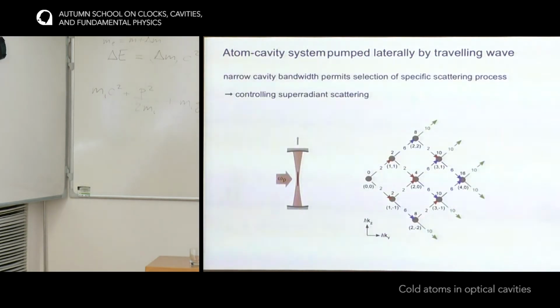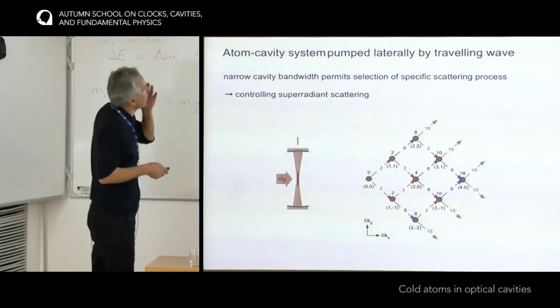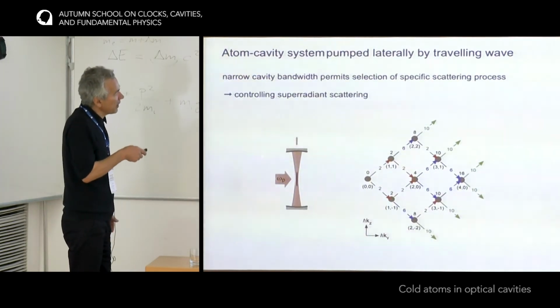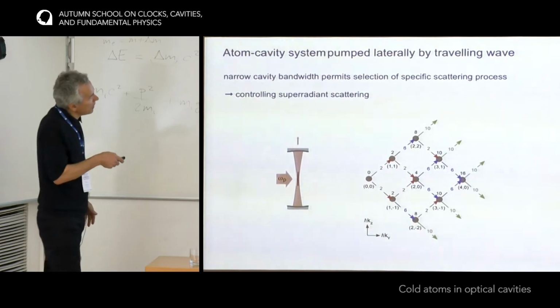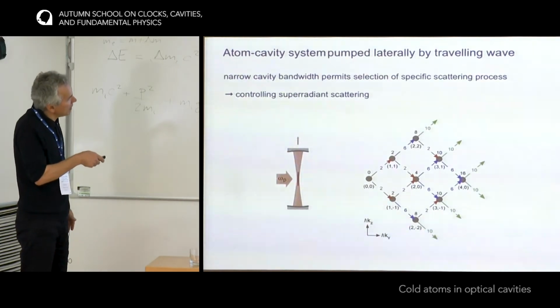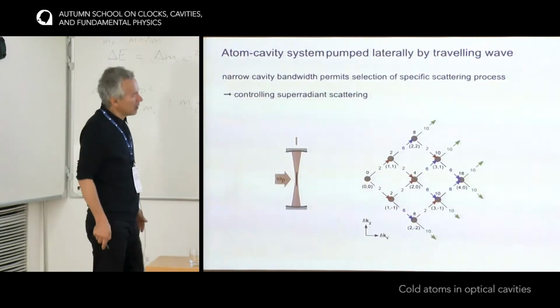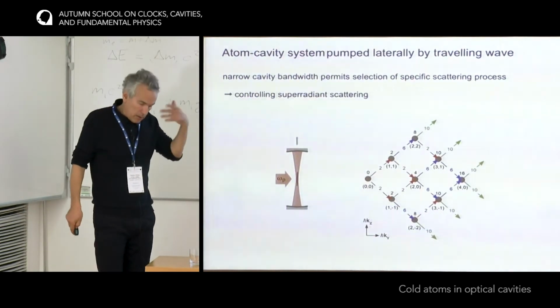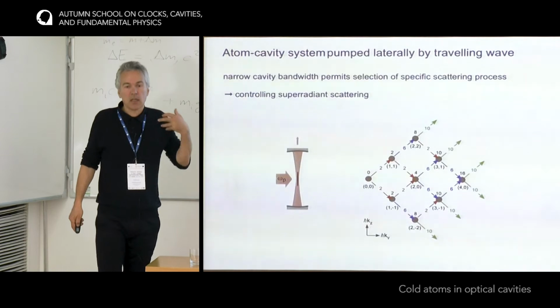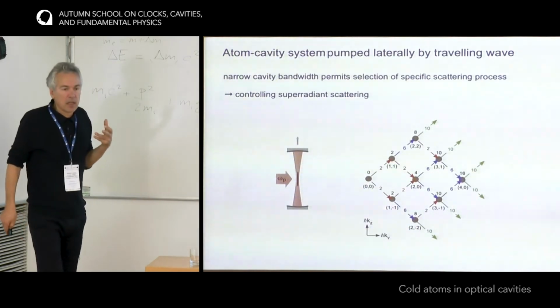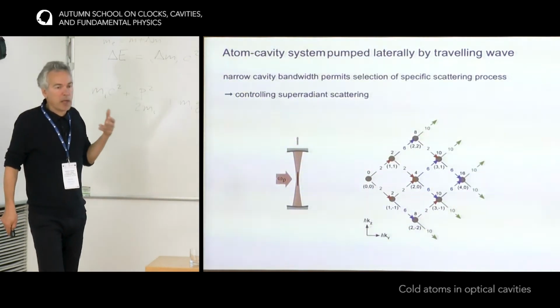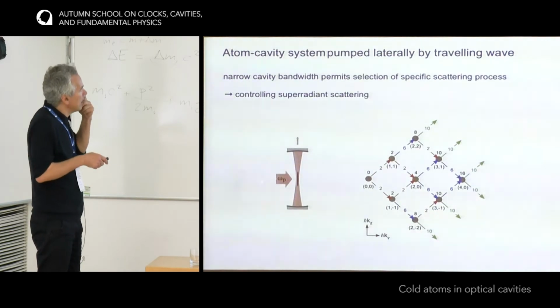Okay, so then let me go to a different coupling regime where photons are impinging on the Bose condensate from the side. Now, interestingly, the kind of coupling that you use leads to quite different physical phenomena in a way. We will see what happens here.